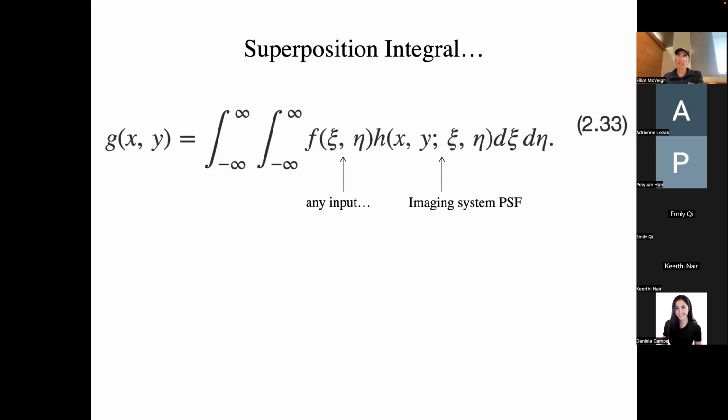So I have my object, I multiply by the point spread function, integrate over the whole field, and I get a single scalar number, whatever that number is, that is the value of my image at g of x, y. Okay, so it's actually taking information from the entire field of view to make a single pixel, right? And the relationship between that single pixel and everything around it is governed by this function.